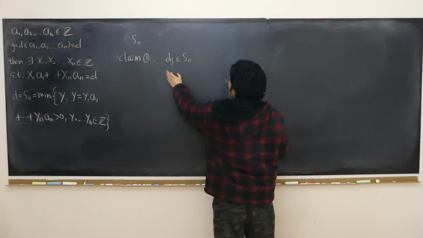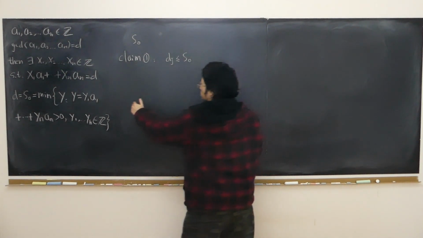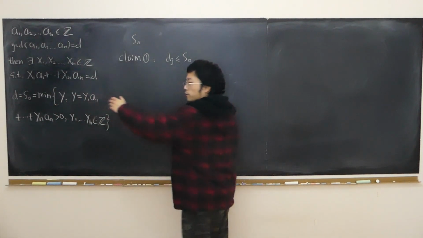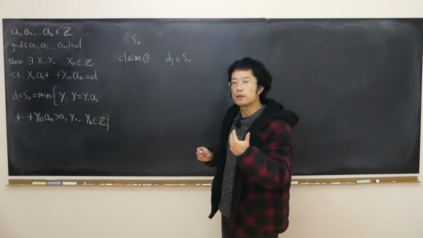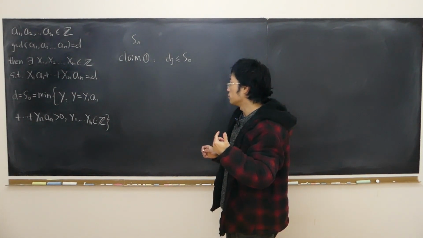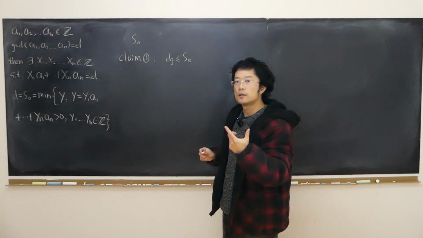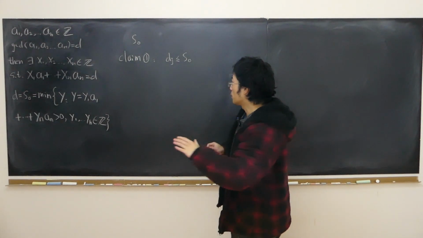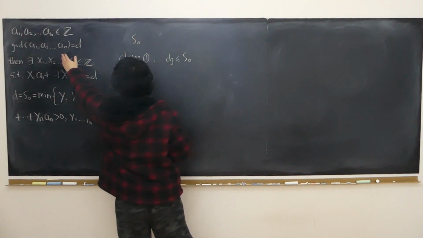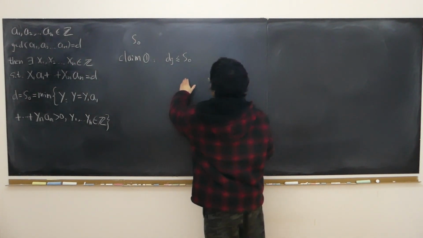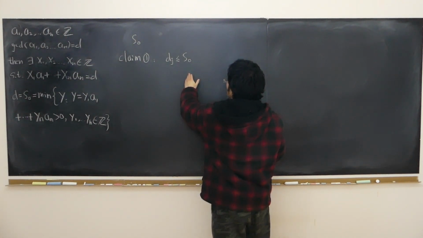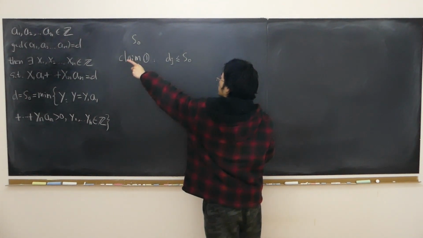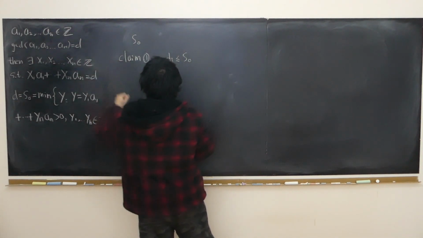So in order for S0 to qualify as the greatest common divisor, it has to satisfy two conditions. First, it has to be larger than or equal to any common divisors of those candidates. Second of all, S0 has to divide every single one of them.